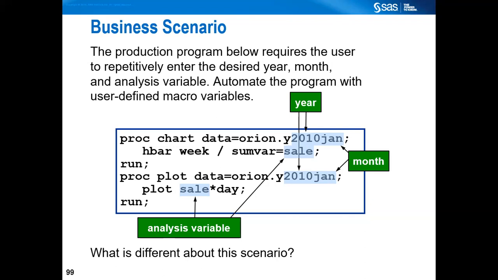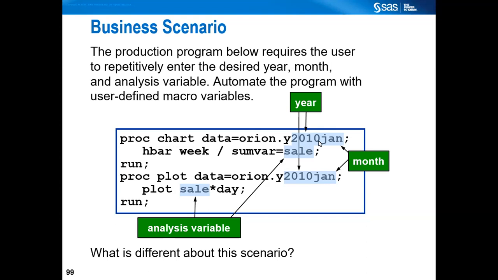But every time, instead of using that table name, you can create a macro variable for your year value and your month value. The analysis column on which the chart is built, the sale column, is again used in the presentation, so it's a variable commonly used in both programs.